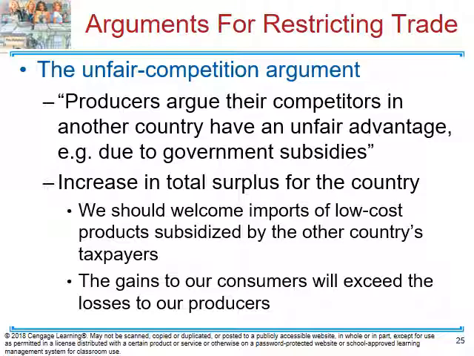The gains to our consumers will exceed the losses to our producers. In any case, the consumer surplus will be more than the losses of the producer.